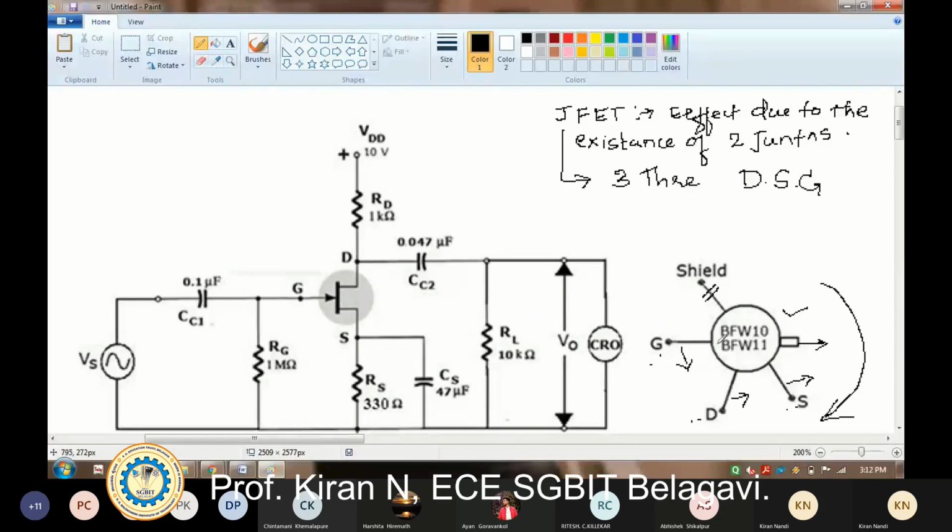So drain is always acting as an emitter. In JFET, drain is similar to emitter. It is very similar to emitter. And source is very similar to, sorry, drain is very similar to collector. Please make a correction here.